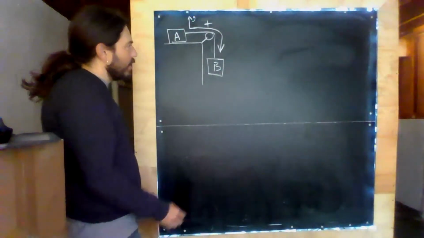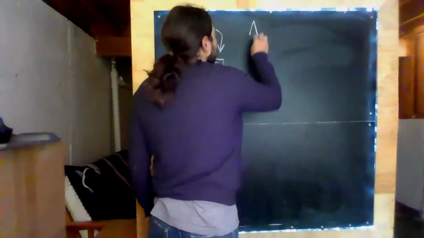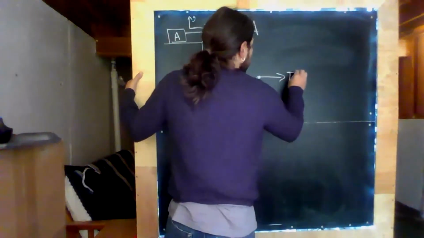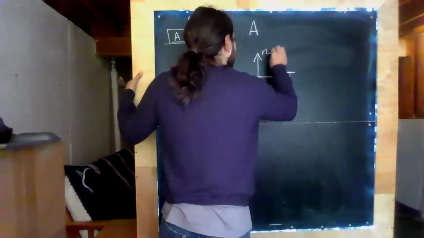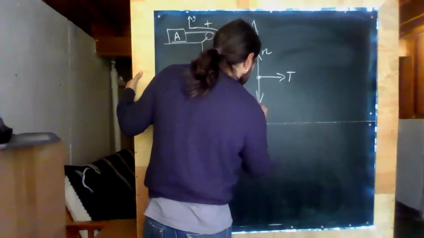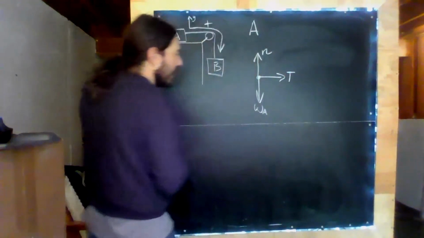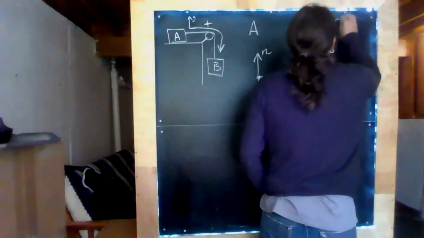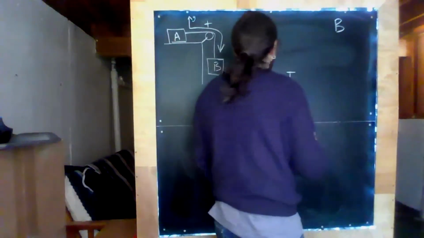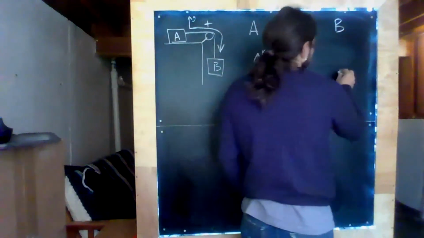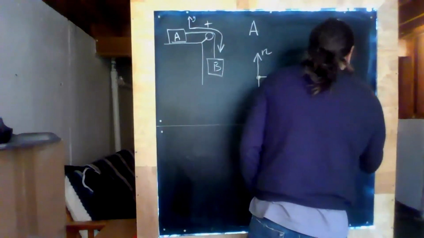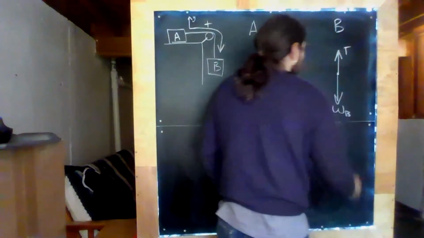Great. Let's do a free body diagram for block A. Tension, normal force, the weight of block A. Free body diagram for block B. Tension up, and the weight of block B down.